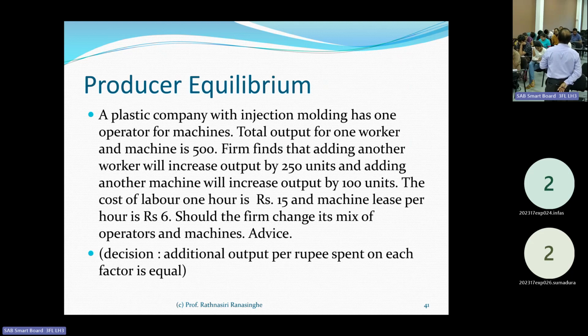If we divide the marginal productivity of labor, 250, by 50, that is the ratio between marginal productivity and price. That should be equal for the two factors of production at the equilibrium point. You can check it. How much is 250 divided by 50?